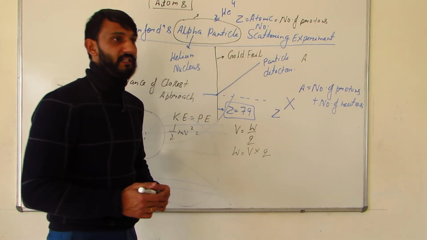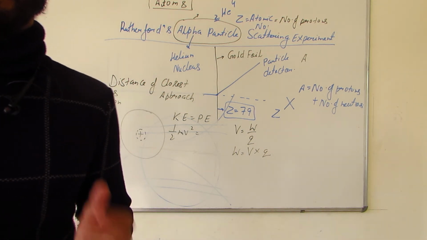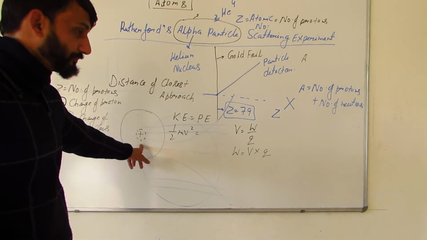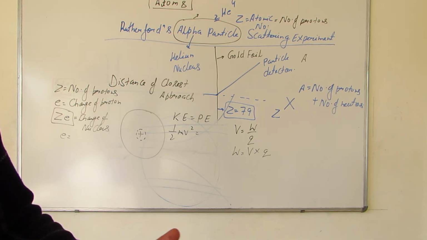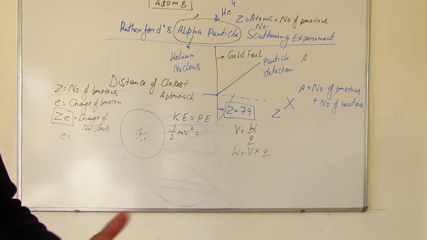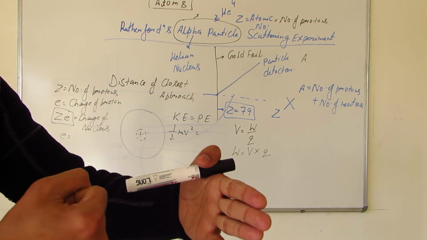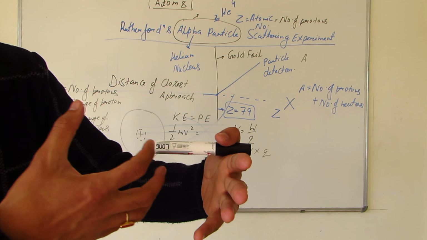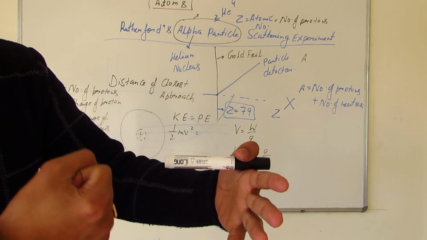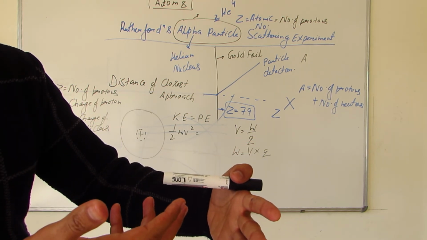Now tell me, if there is no nucleus, do we have to do any kind of work to send the alpha particle towards the nucleus? The answer is no, because there is no force of repulsion, so there is no deflecting.